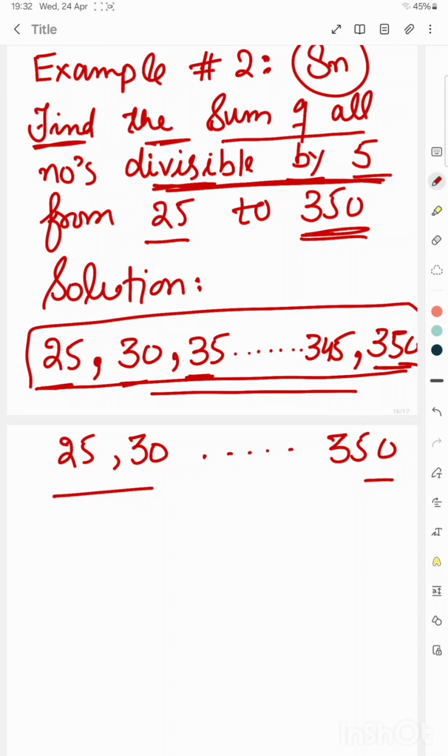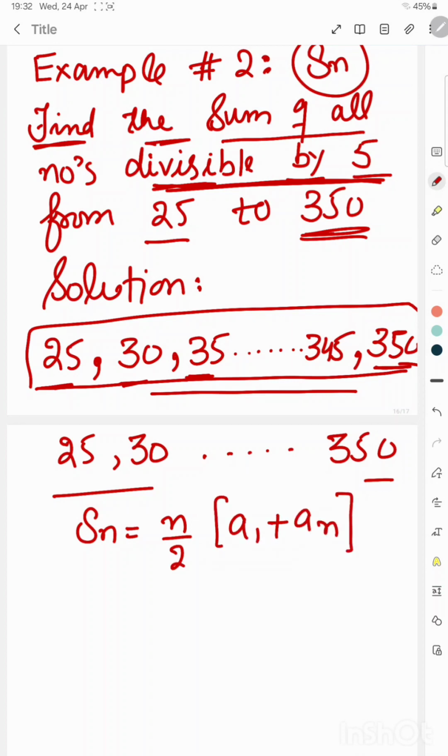Okay, now as we have to find Sn, I will write the formula here. Sn is equal to n by 2 times a1 plus an. Now students, as you can see in the formula, the first term is given, which is equal to 25.